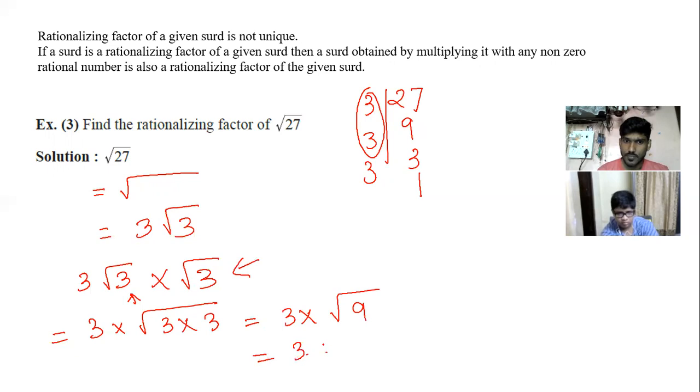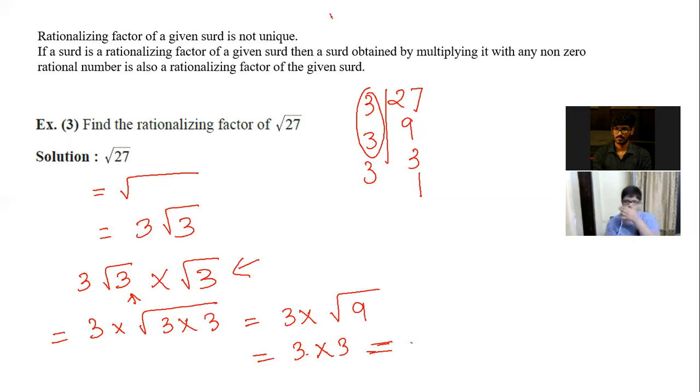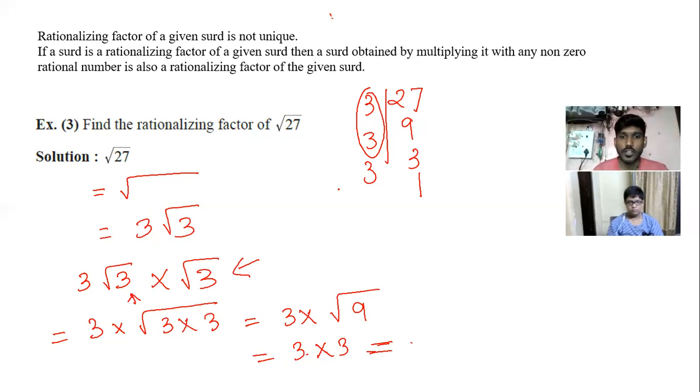And what is root 9? 3. So 3 into 3, that is 9. Correct?